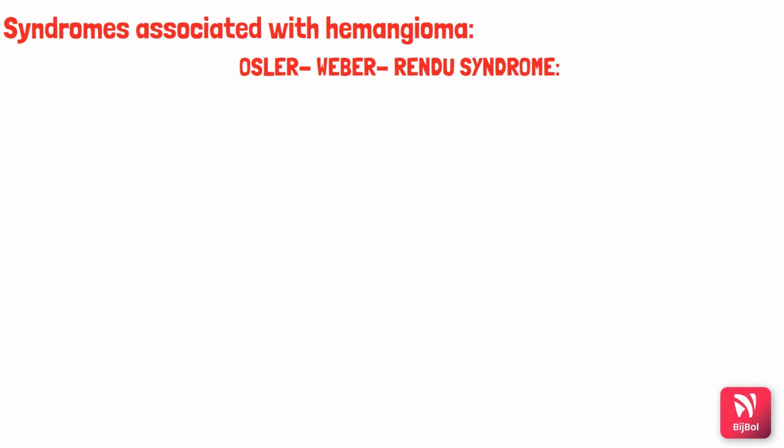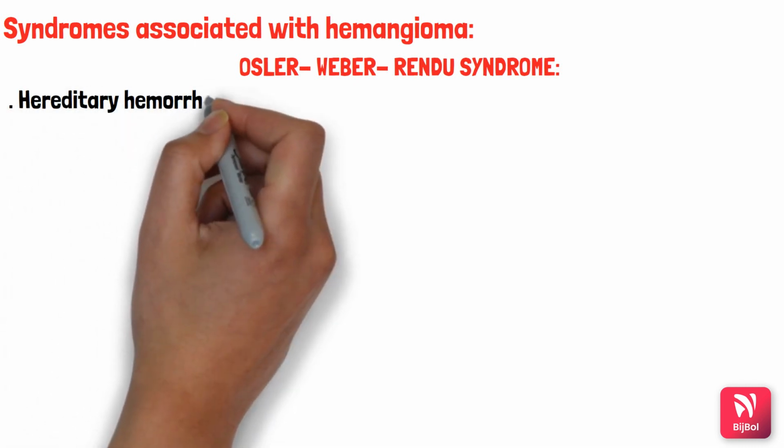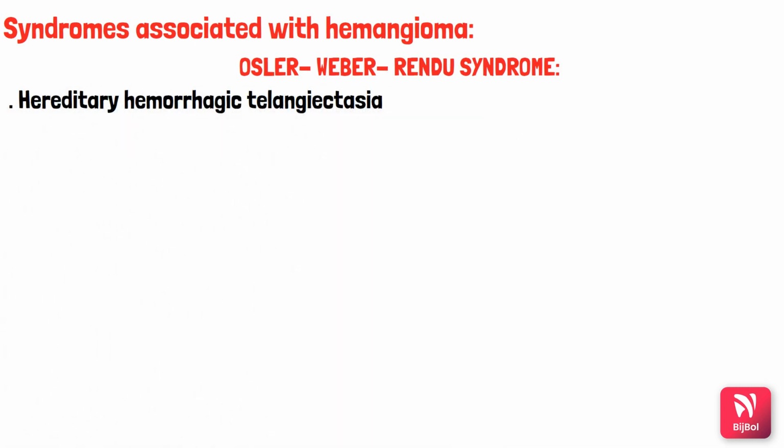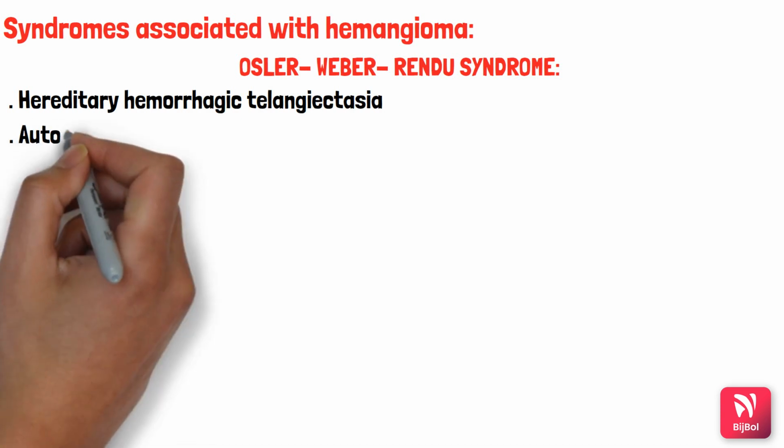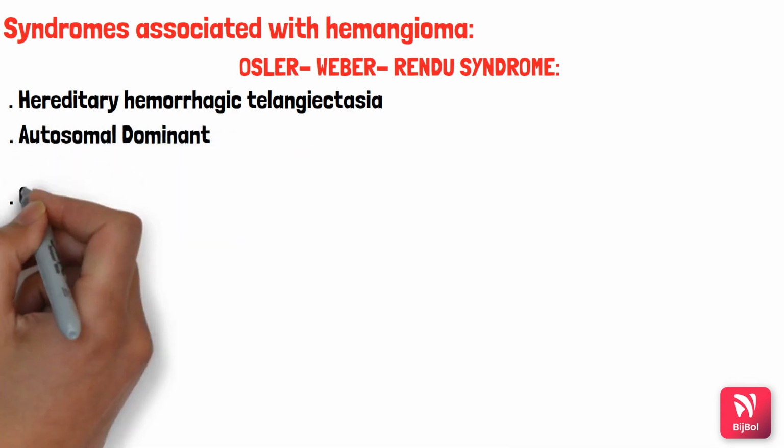First one, Osler-Weber-Rendu syndrome, which is also called hereditary hemorrhagic telangiectasia. Like in the name itself, hereditary. So it mostly presents with autosomal dominant inheritance, and actually it presents with a triad.